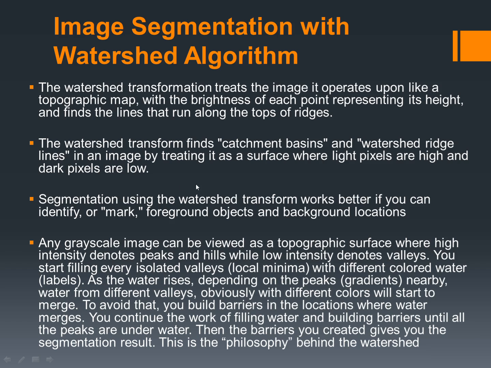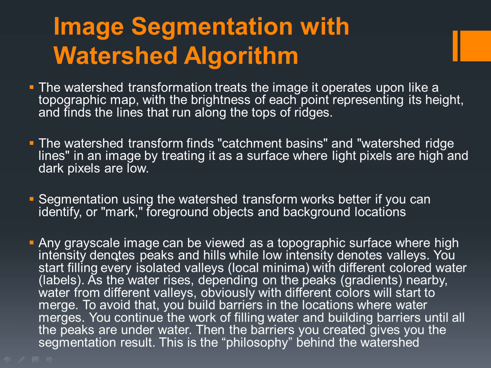Or you can say there are two low-lying areas, and we want to divide them. We want to create a boundary between the two low-lying areas. So the watershed algorithm works in that case, whenever there are objects which are touching each other or overlapping each other.